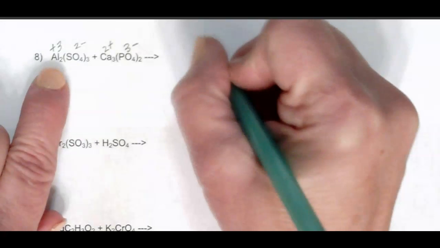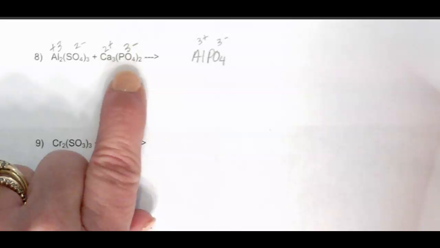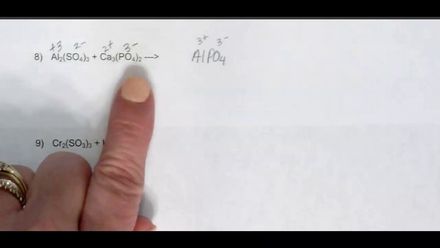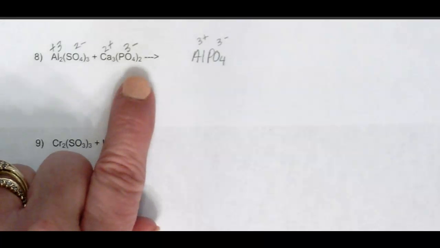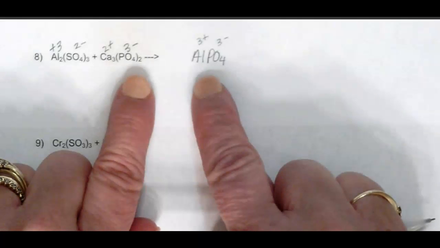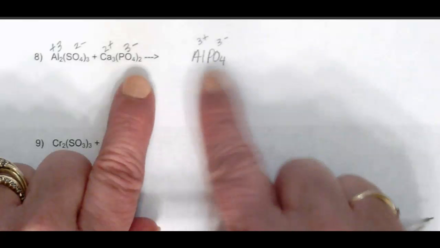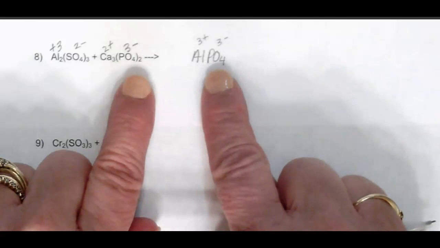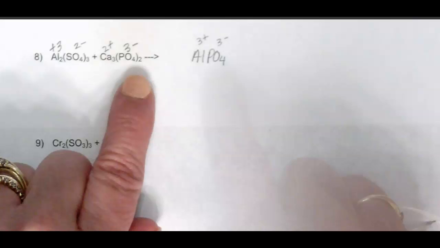So aluminum, which is a 3+, I'll put that lightly up above, will attach to my phosphate, which is a 3-. Now I have a 3+ and a 3-, so that was the writing formulas that we just worked on if you watch those videos. So I do not need 3+, 3-. I do not need any subscripts. One of each is all I need.